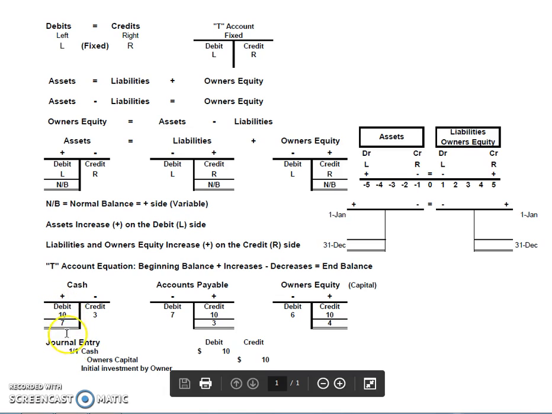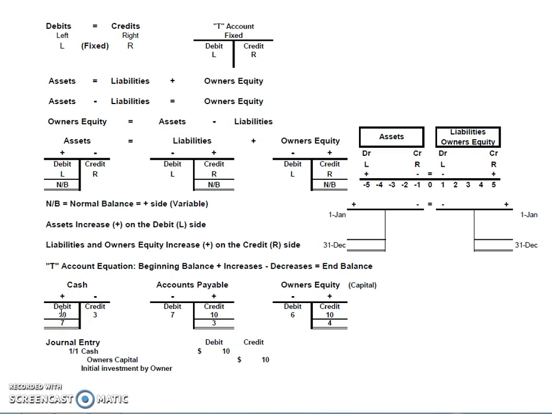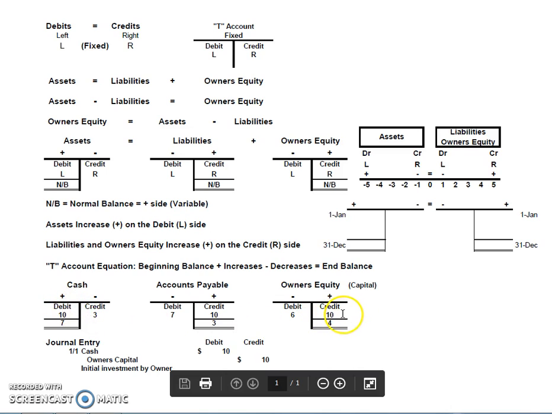The owner invested $10. So here's the $10. It's debited into the cash account. So we either have to credit another asset or credit a liability or owner's equity. In this case, it's the initial investment, so the whole thing would be owner's equity. There wouldn't have been any liabilities at that time.